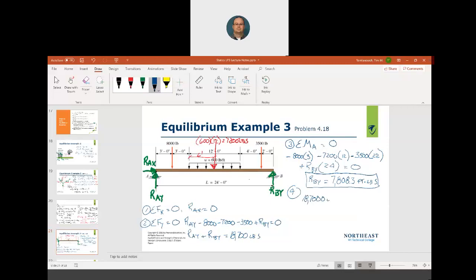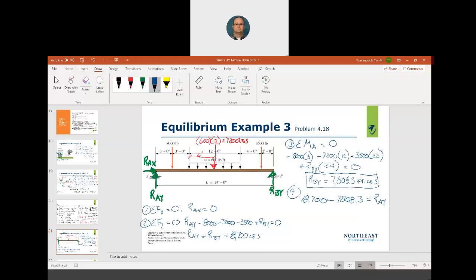18,700 pounds. Whoa, that's not right. Right here. 18,700 minus, right, RBY. I'm going to subtract it to get it over here. 7808.3 equals RAY. Okay? All right?